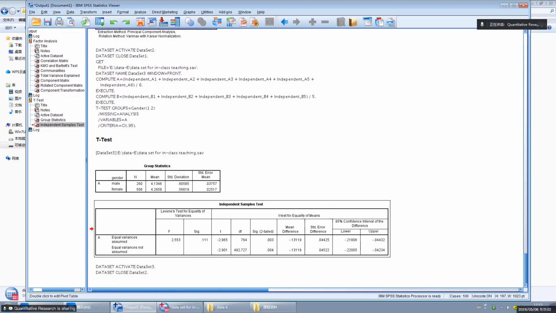Now please remember: the first p-value matches with F. This is the p-value of F. They are a pair.